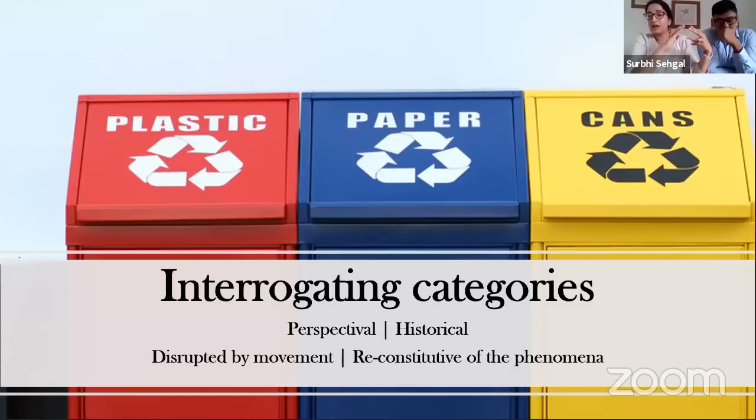Then there is a sphere that exists in the minds of participants, or the ones being researched. And third is the sphere of the onlookers, outgroups, people who are not part of those categories. So all these categories exist in these three different spheres.